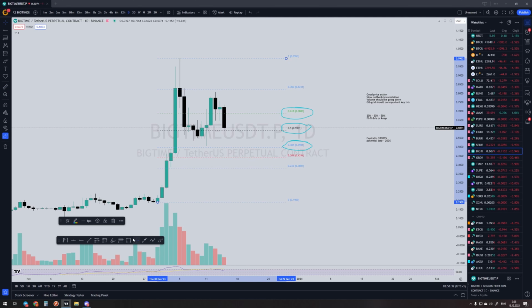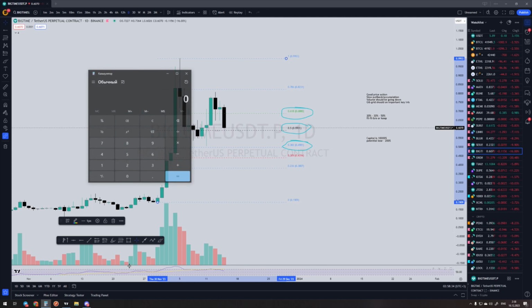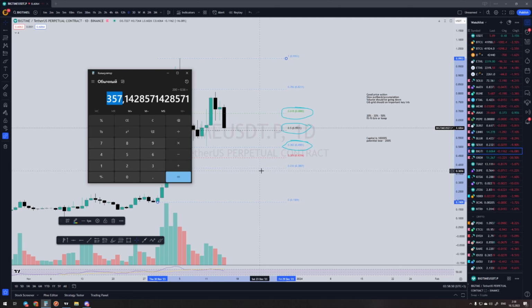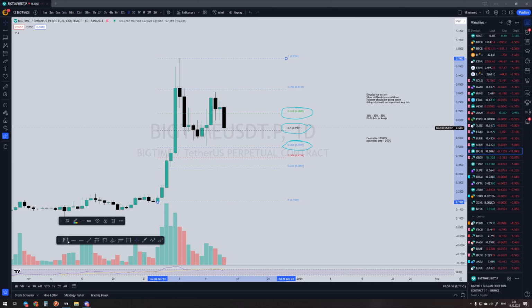So 56%, what I'm going to do next is take my potential loss of $200 and divide it by 0.56, and this is the amount I'm going to use on this trade. So $357, let's say $360. So my entire position will be $357.